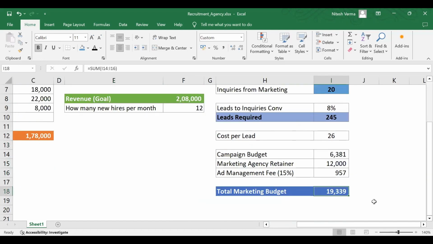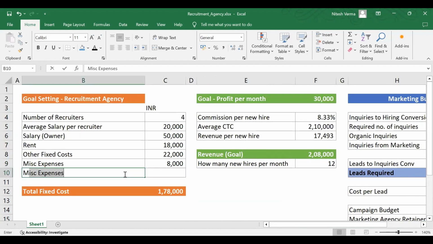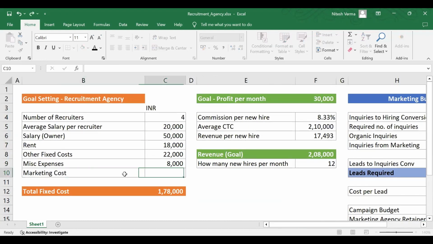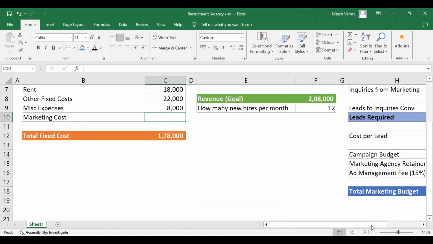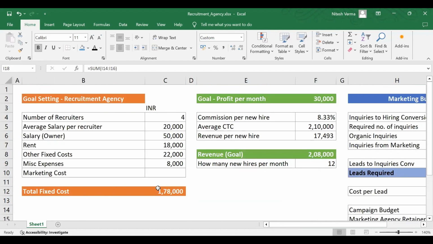That's a new requirement. So now they need to factor in marketing expense in their monthly cost. So let's say the cost here is about 19,339, but Jyoti would want to budget, let's say, 25,000 rupees for marketing every month.